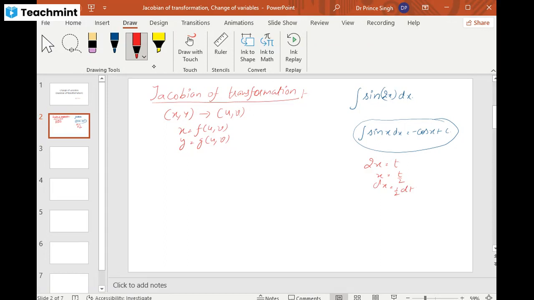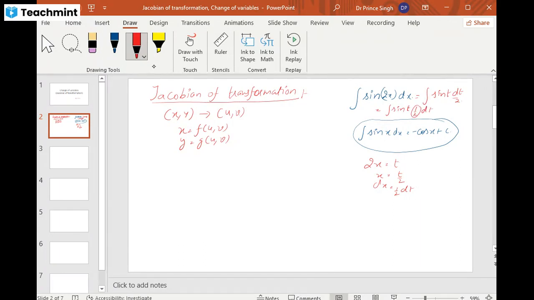If we use this transformation, then this will be equal to sine of t, and this dx becomes dt by 2. So in this case, this integral is converted into sine of t times 1 by 2, where 1 by 2 is a transformation factor, so that these two will be equal.